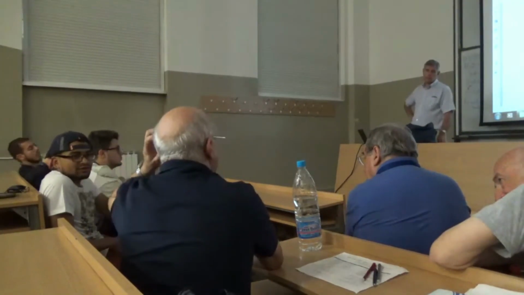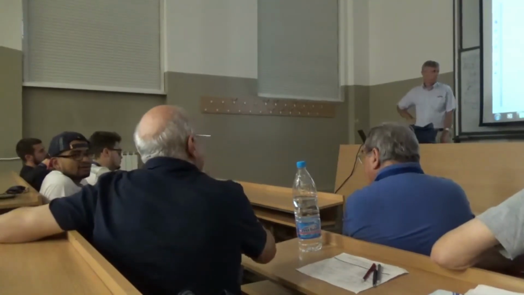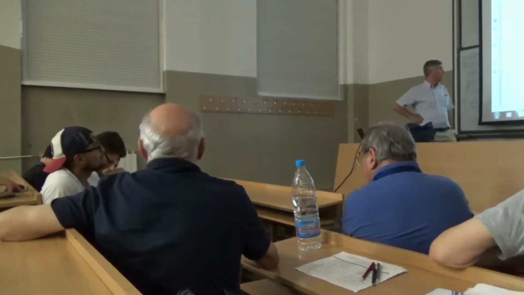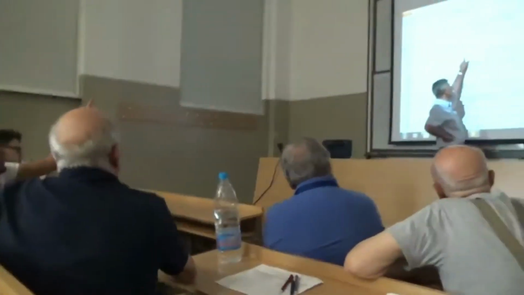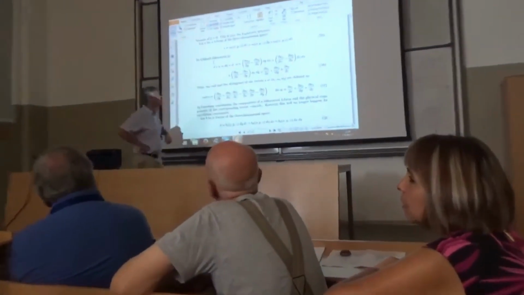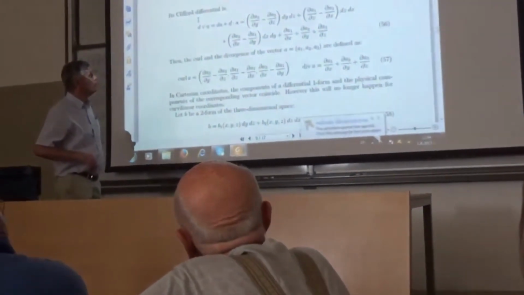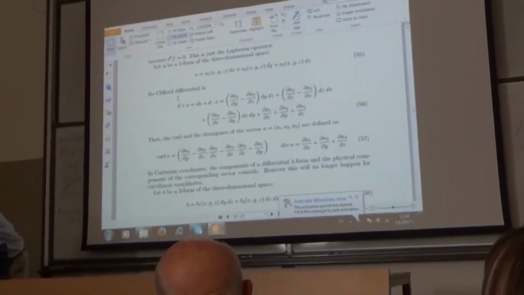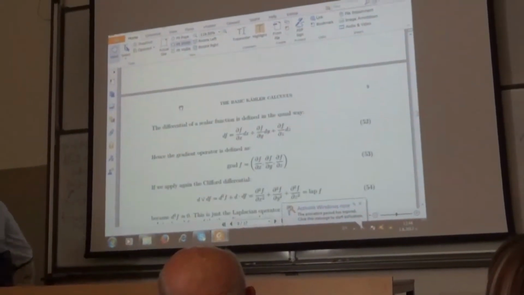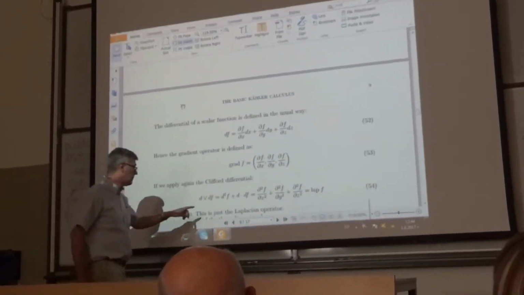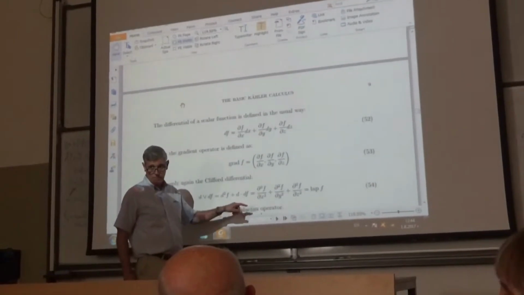Here you got 10 terms, but maybe... What do you mean, 10 terms? 3 terms. No, less than 3. Which 3 are you talking about? We are talking about formula 54.